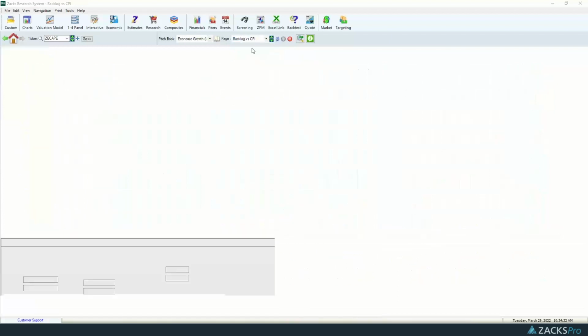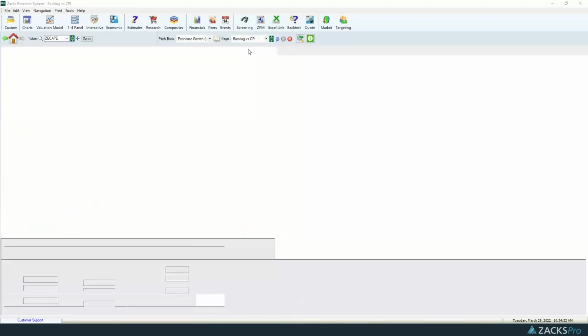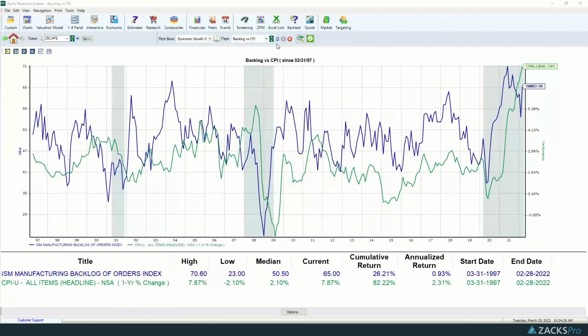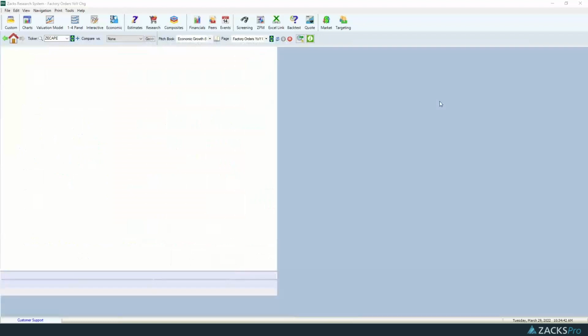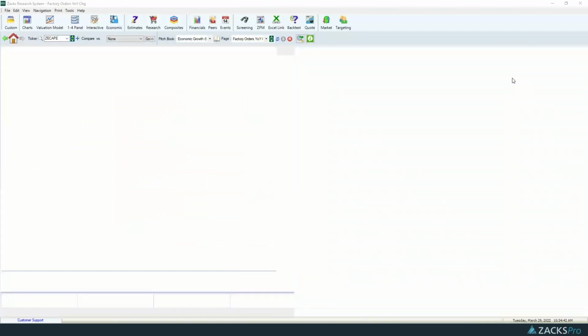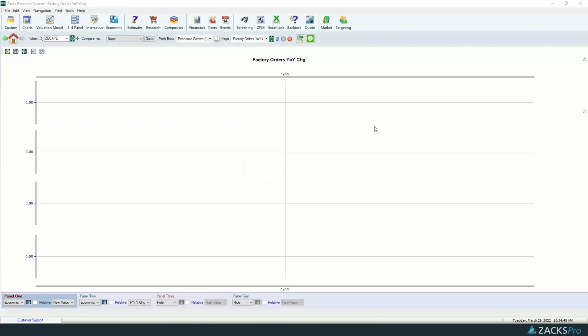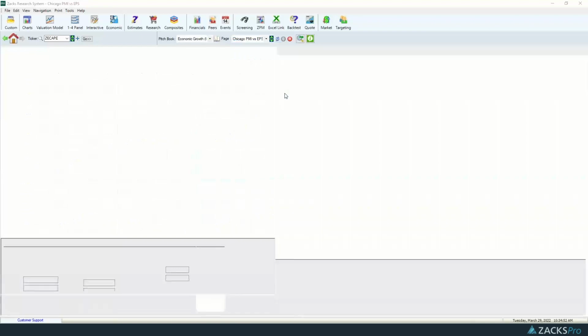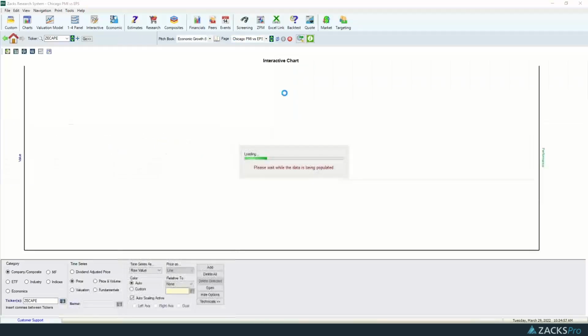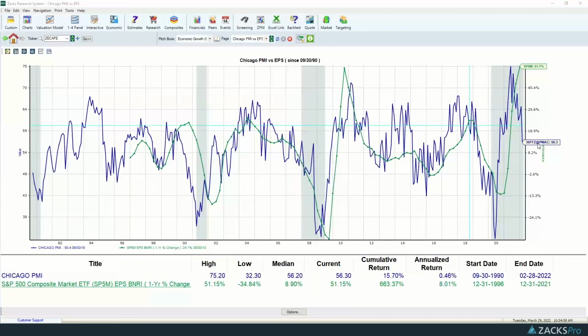The CPI is going to be here to stay. I think inflation is going to remain for some time, as long as this backlog remains high. On the demand side, factory orders still remain very strong. So I see nothing to be alarmed about here. And then just to keep an eye on the Chicago PMI, it does look like it is pulling back, but it is still expansionary as of right now.